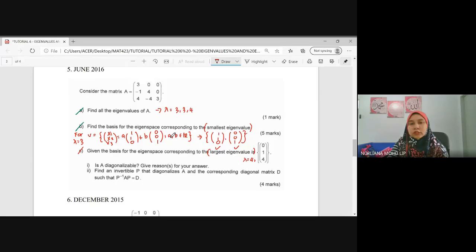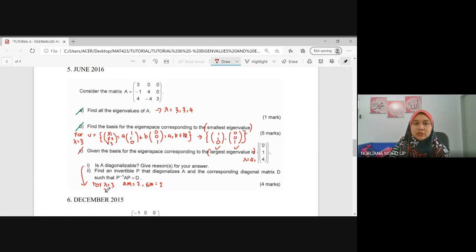So we must prove using GM and AM. For lambda equal to 3, the AM equal to 2 and the GM also equal to 2, the number of basis vectors.